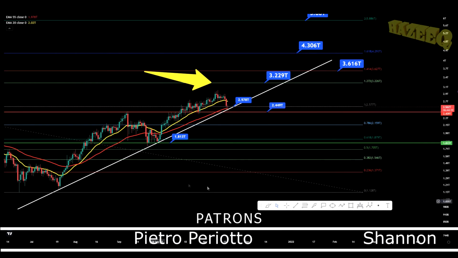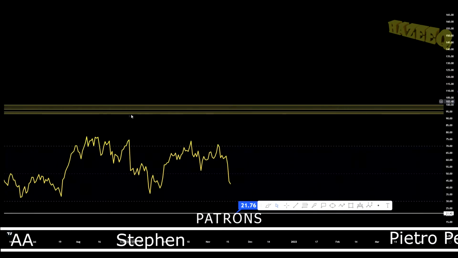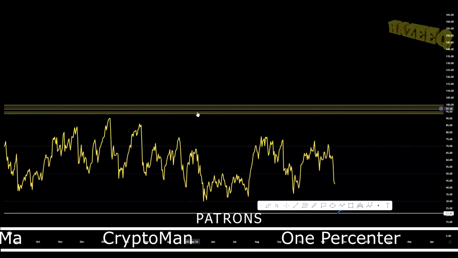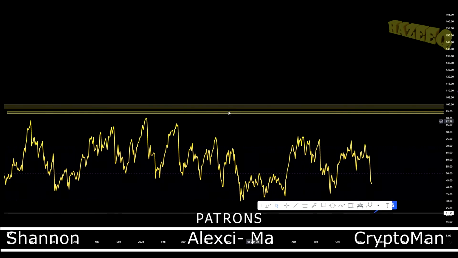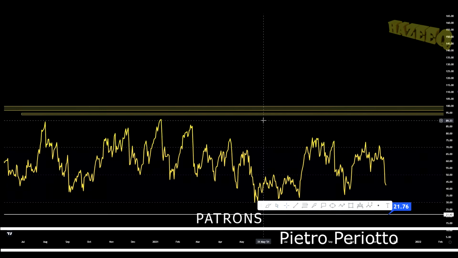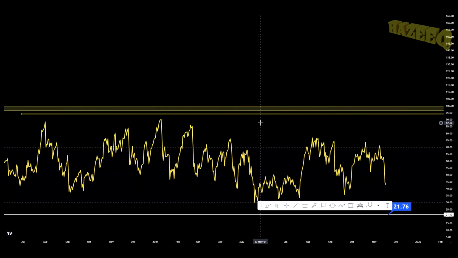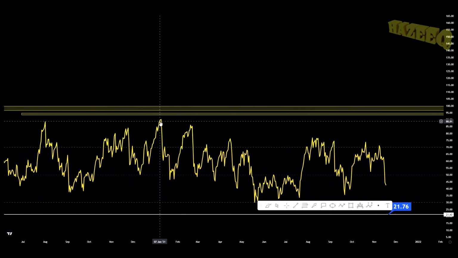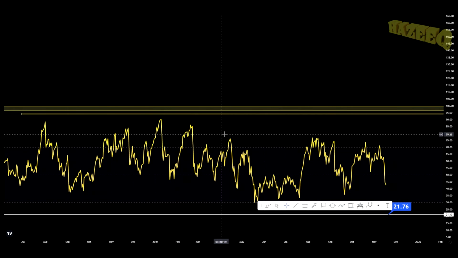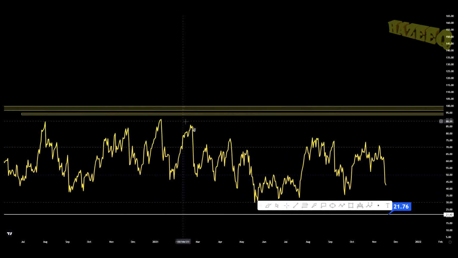Now, jumping into the RSI. So we do have these two levels over here above us, as you can see. These two rectangles are for the weekly and the monthly chart. Now, over here, we do have these three peaks, one in August of 2020, one in January 2021, February 2021, and in April we were making constant lower lows.